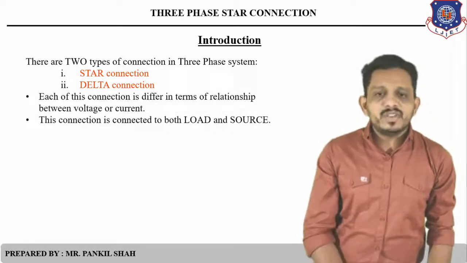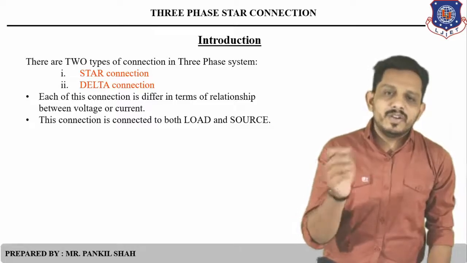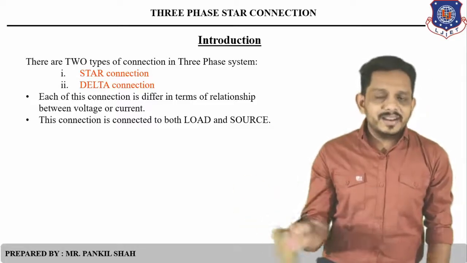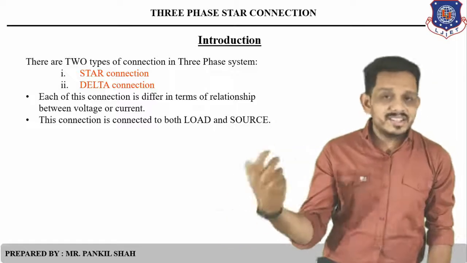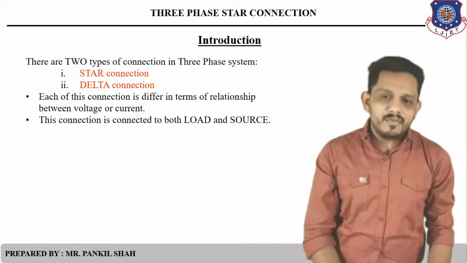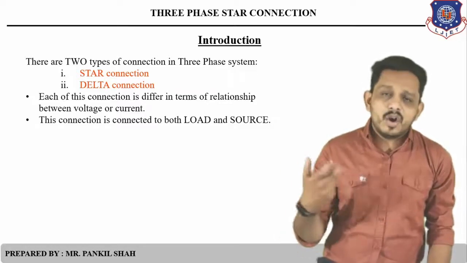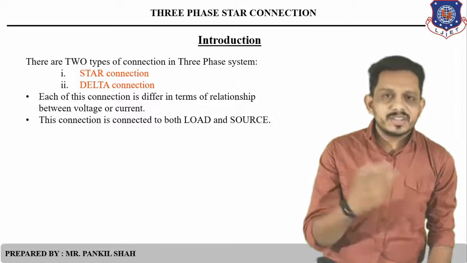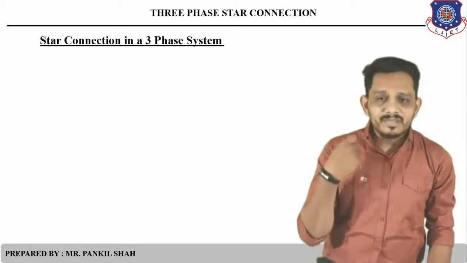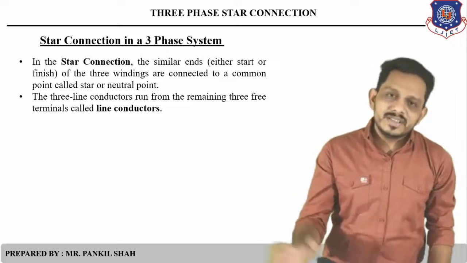Each of these connections differs in terms of the relationship between voltage and current. In the star connection the voltage and current relationship is different, and in the delta connection the voltage and current relationship is different. These connections are made on both the load side and the source side. So let's first discuss the star connection of the three-phase system.